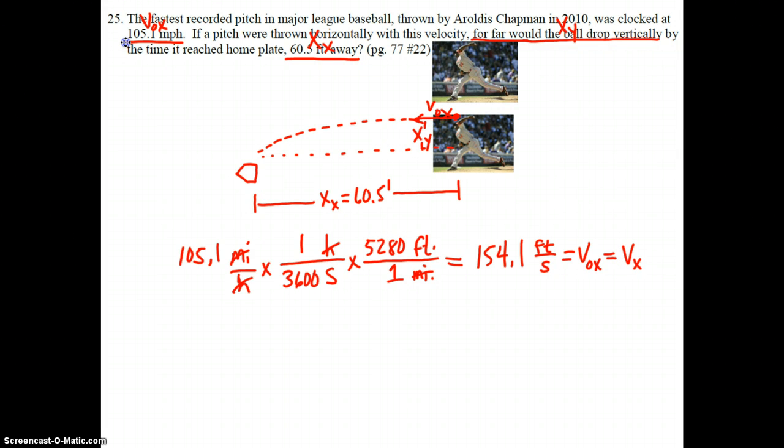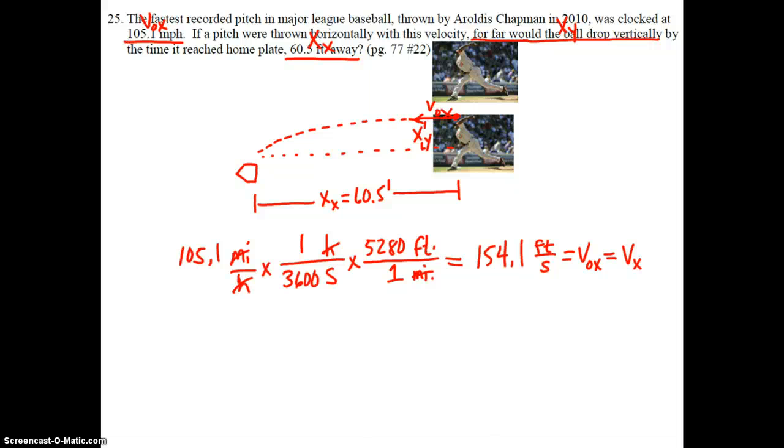This of course is neglecting air resistance, but for the sake of the problem we neglect that. So the initial horizontal velocity is the same throughout the entire trip. What we also know is that it covered a distance of 60.5 feet. So we can find out how much time it took to get to home plate.